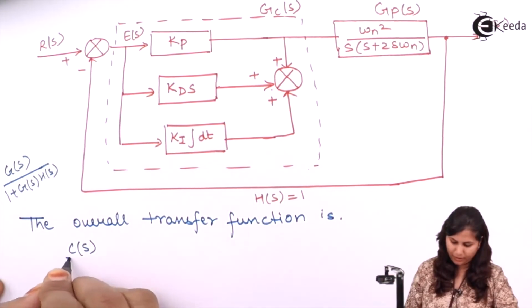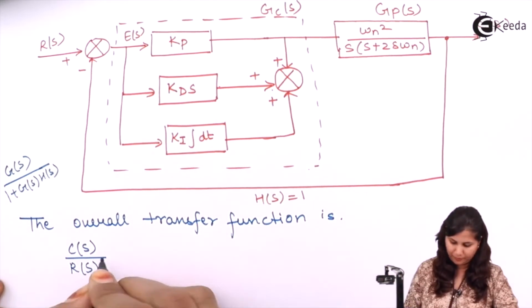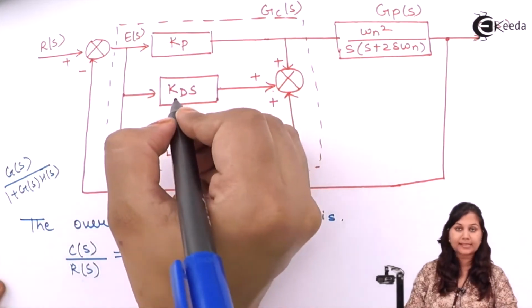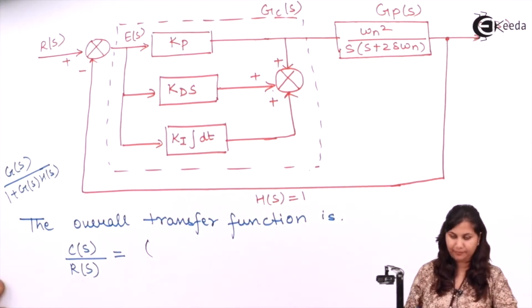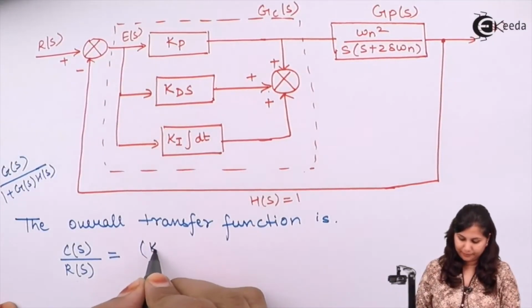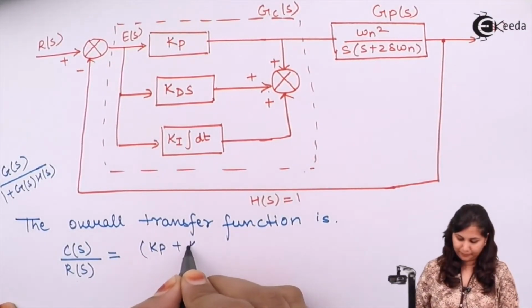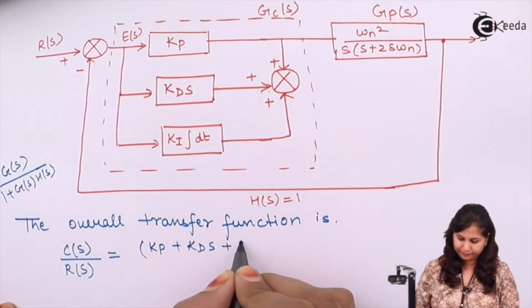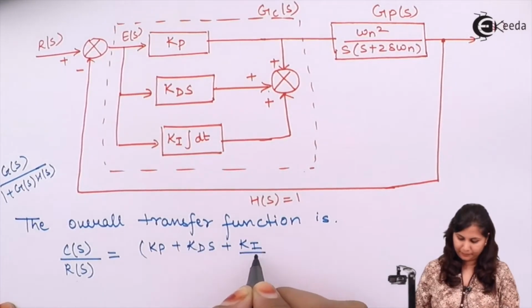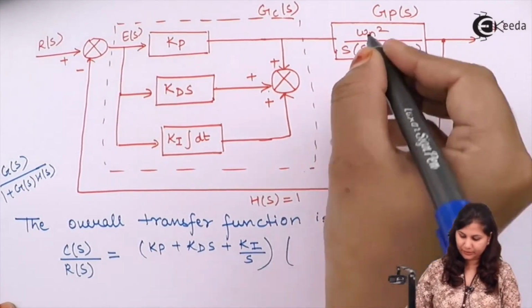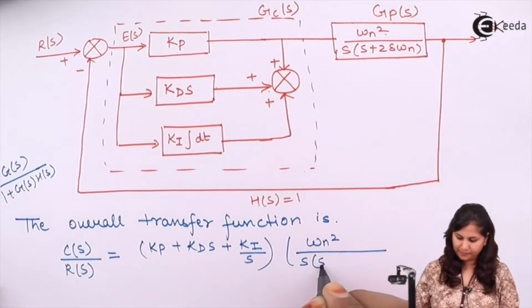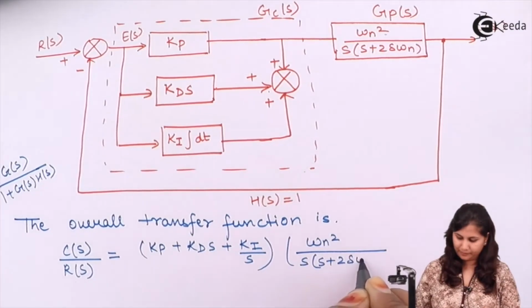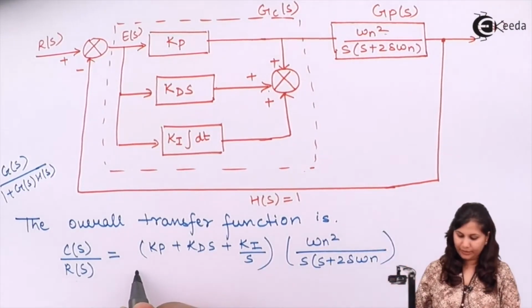C(s) upon R(s), KP plus KD s plus KI by s. So we have KP multiplied with this omega n square, and we have 1 plus G(s)H(s) also.